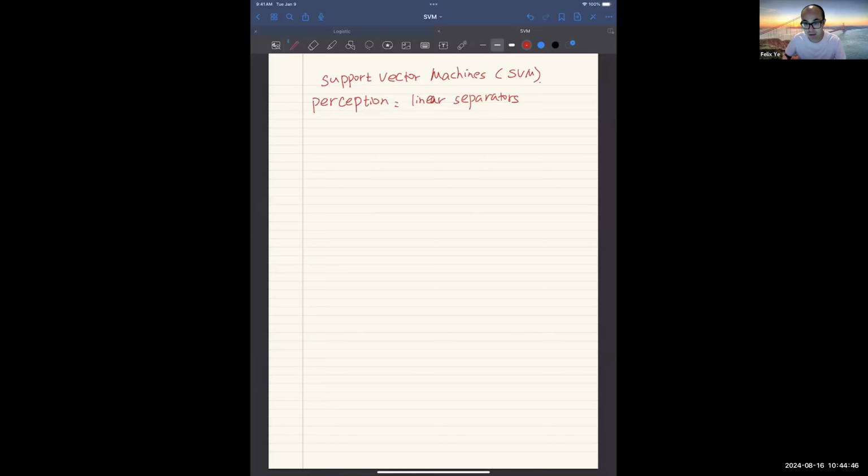In SVM settings, something is slightly different: in SVM, we usually move the intercept out, and we assume the class label is +1 and -1.